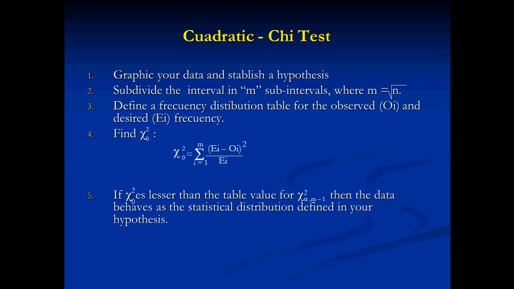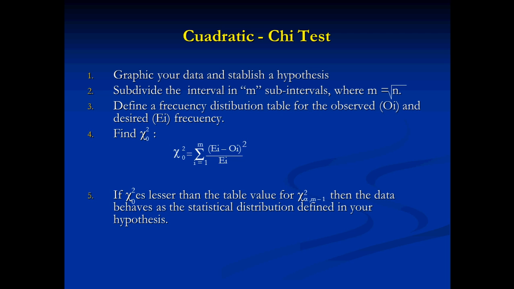So what we need to do first is graph this data and establish a hypothesis. Looking at the graphic, at the histogram, what does it look like? Then we need to establish a table of frequencies.